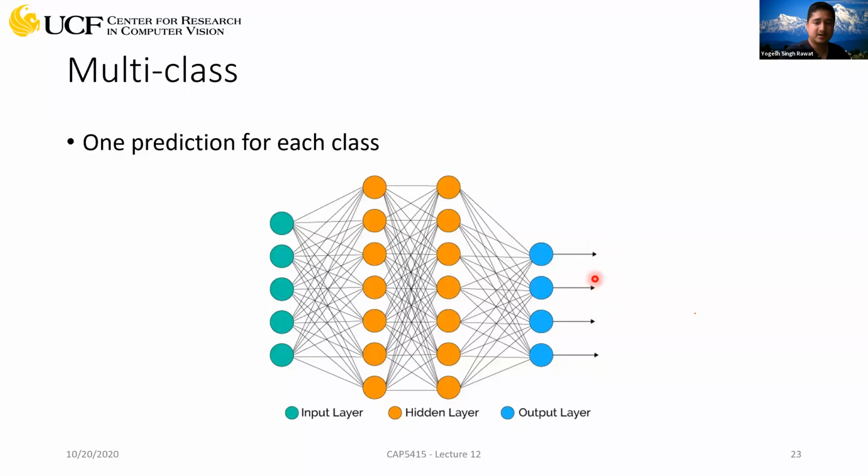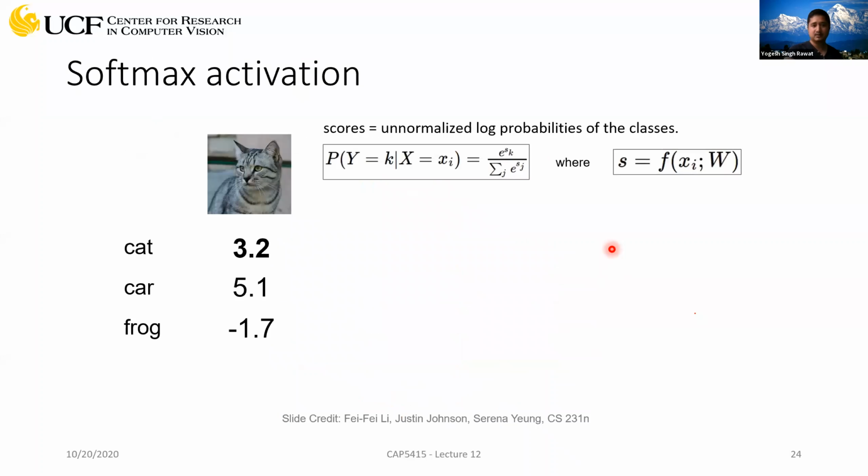Because if multiple predictions are active, close to 1, then that's not the scenario which you will have in your training data set when you're solving just a multi-class classification problem. So to address that, you can enforce your network to make such predictions that all the negative classes will be close to 0 and only the positive class will be close to 1. And we have a special activation function to do that.